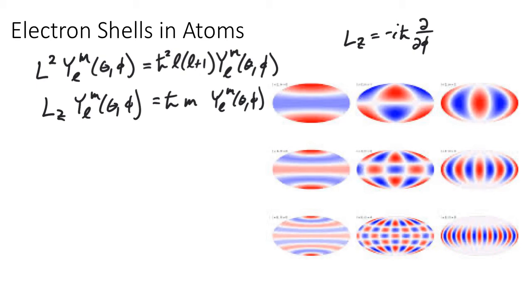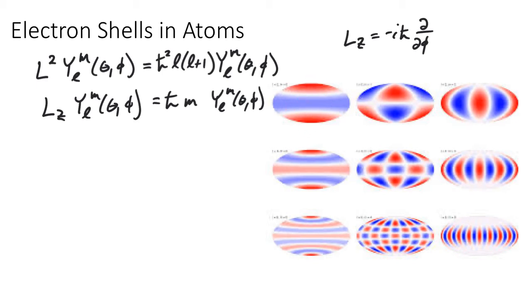The captions are a little hard to read, but in this particular case, I believe L is 2 and M is 0, and you get this kind of case where there's no azimuthal dependence at all.